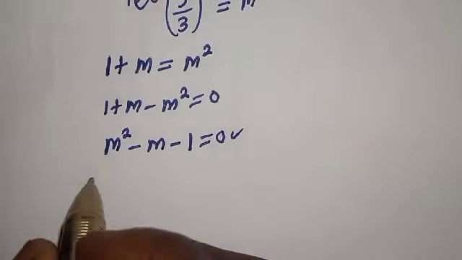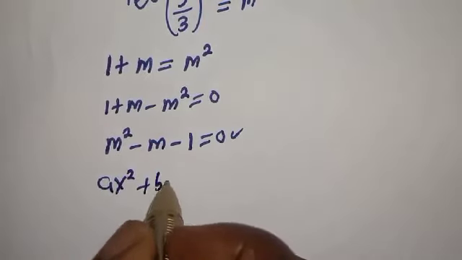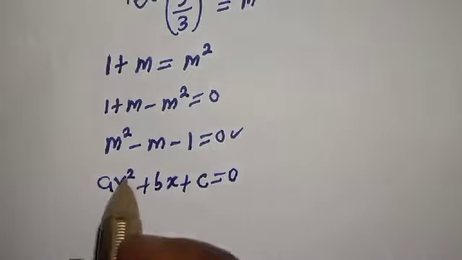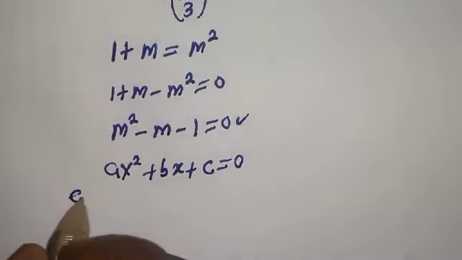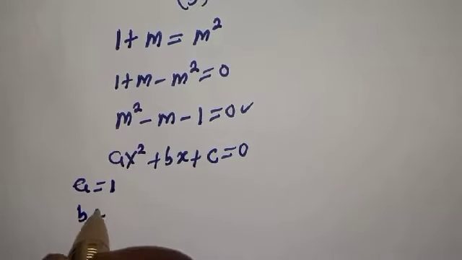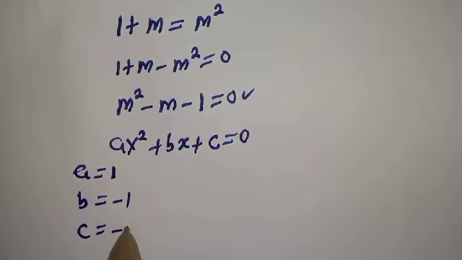And quadratic general formula is given as a m square plus bm plus c is equal to 0. Then from here, a is equal to 1, b is equal to minus 1, c is equal to minus 1.